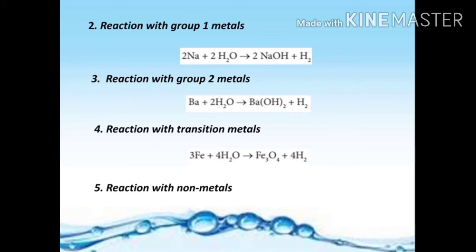In the elemental form, nonmetals, for example carbon, sulfur and phosphorus, do not react with water, but compounds of nonmetals react with water to give acid or alkaline solutions. For example, solutions of carbonates produce slightly alkaline solutions.